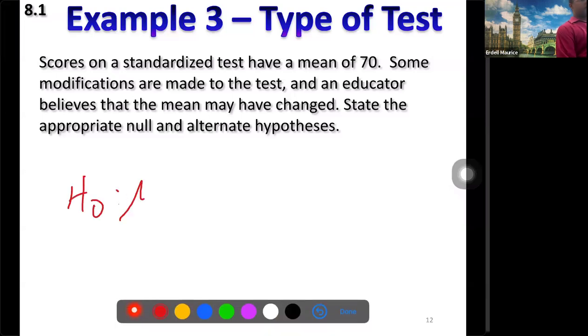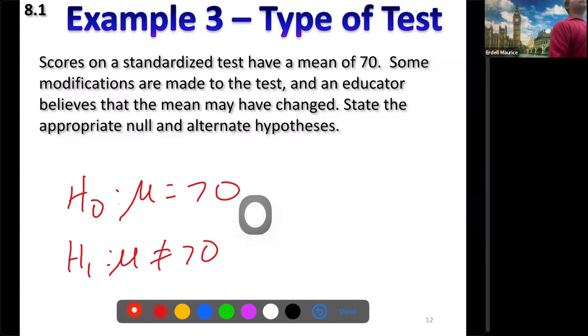H0: mu equals 70. Thank you. And anybody else want to give me the alternative hypothesis? Anybody else? It is not equal to how much? Not equal to 70. Remember, the two numbers right here will always be the same.